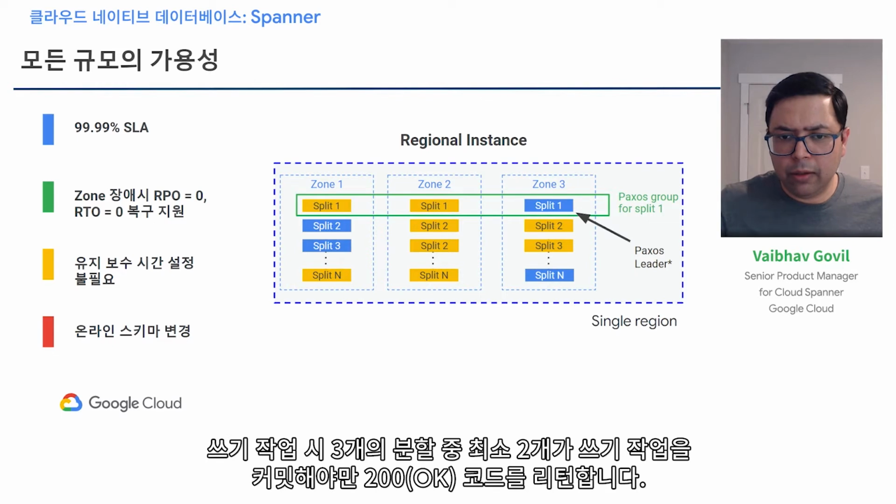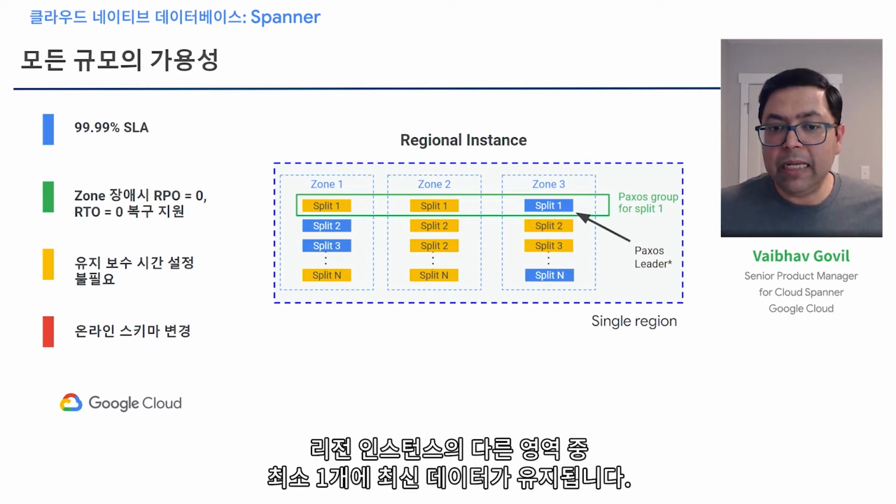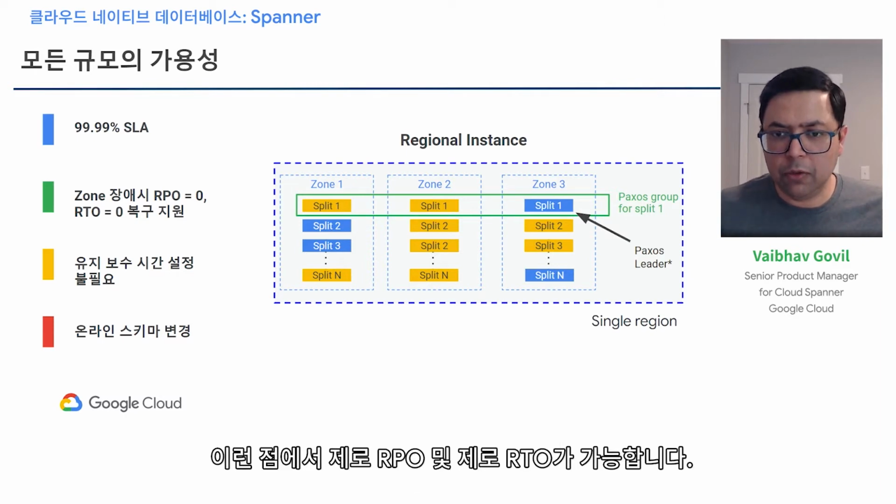So whenever a write is done, minimum 2 out of the 3 splits have to commit the write before we can give you a 200 OK. So just in case there's a zonal failure, that means at least one other zone in your regional instance would have the latest data. So hence the 0 RPO and 0 RTO from that perspective.